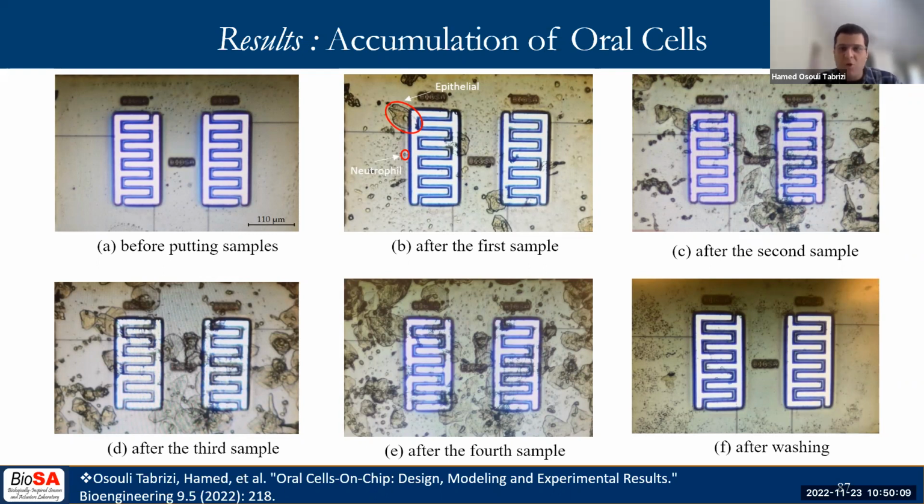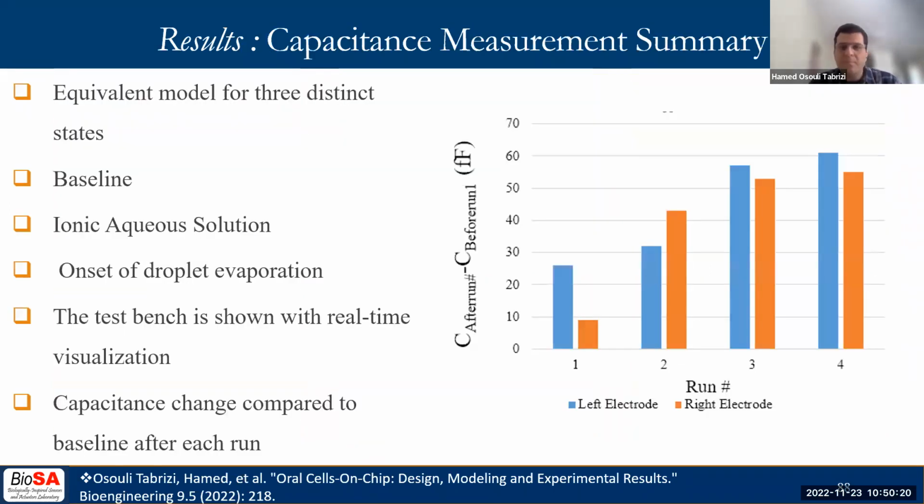Different distributions of cells are seen on the right and left electrodes based on the hydrodynamic of evaporation. Image F is when the cells are washed from the surface. The output of the chip for each of the runs is demonstrated for right and left electrodes.